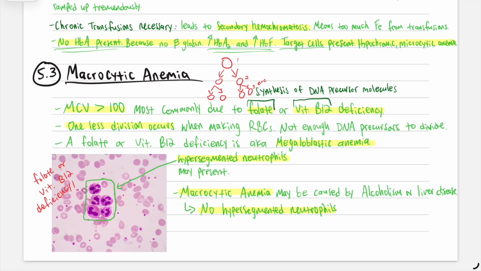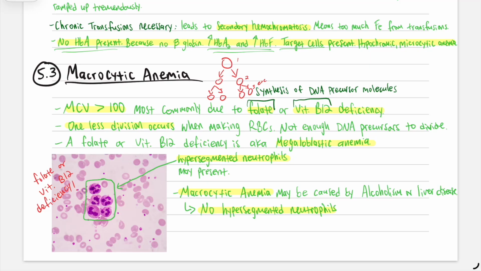We had mentioned that we're going over megaloblastic macrocytic anemias. What does that mean? Well, we know that macrocytic anemia is anything with an MCV greater than 100, and the fact that it is megaloblastic is letting us know that there is impaired DNA synthesis. And like I mentioned before, the most common cases are folate or vitamin B12 deficiency.